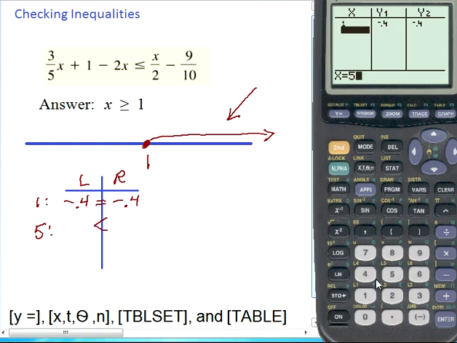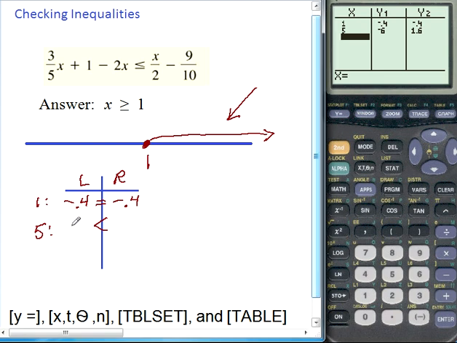Let me try that again. 5, and hit enter. And we get negative 6 on the left side and 1.6 on the right, and that is a true statement. And so both check, and so we know that we do have the solution correctly.